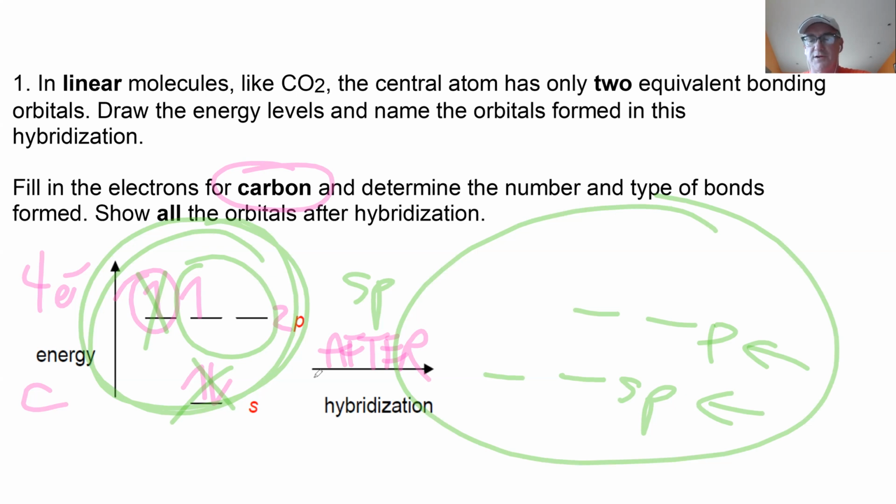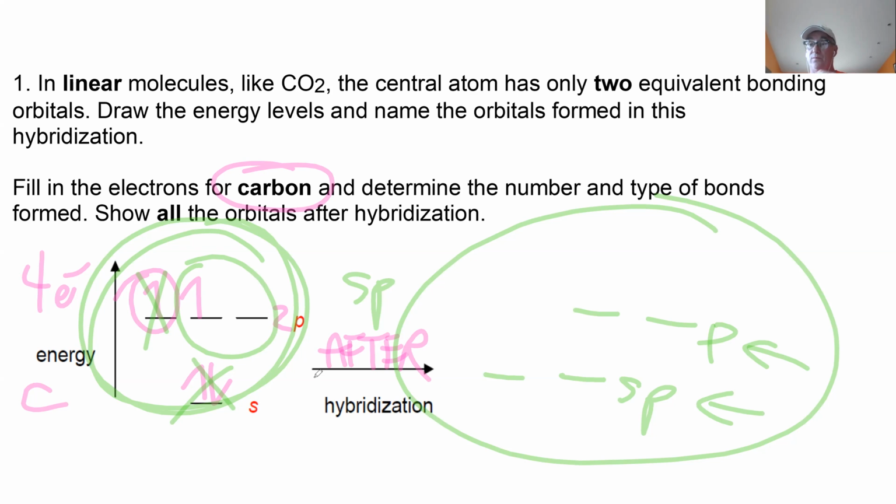Where do my 4 electrons go? All in. I'm pretty confused, Professor. So I'm just guessing. Would 3 of them go in the sp and 1 of them in the p?